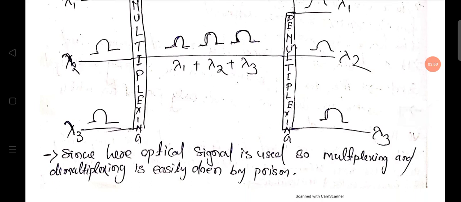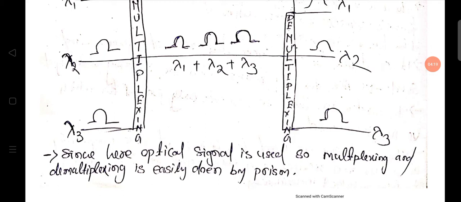That means this is similar to FDM. The difference is that in FDM an electrical signal is used and its frequency is represented by frequency, and here in WDM an optical signal is used and its frequency is represented by wavelength.